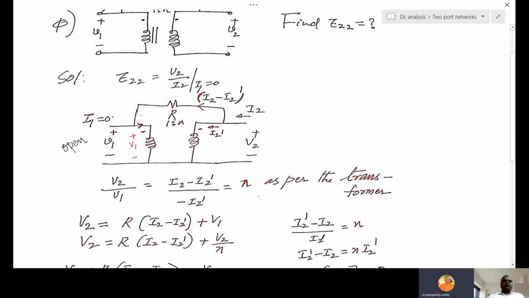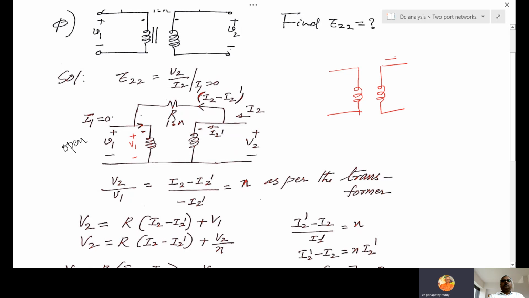So accordingly write the equation. V2 by V1 is equal to V2 by, what is the voltage here? V2. So V2 by V1 is equal to the primary current. What is the primary current? I2 minus I2 prime by minus I2 prime. Because as I told earlier, what is the rule for any transformer?